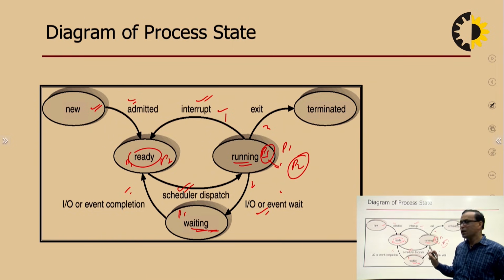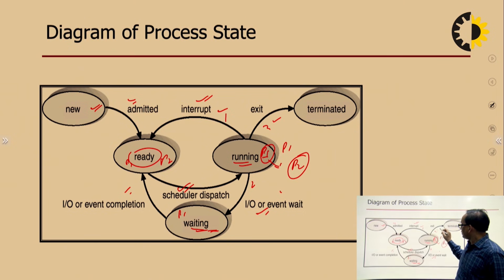At that time, the CPU may be allocated to another process, P2 or P3, and the CPU will execute that process. So once the input output requirement of a process is completed, it doesn't come to running state. It will always come to ready state, because at that time the CPU is busy with another process.